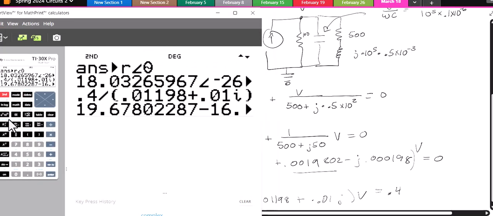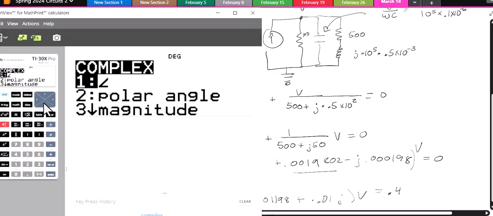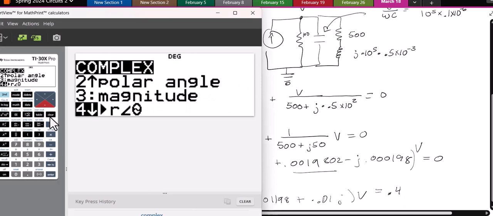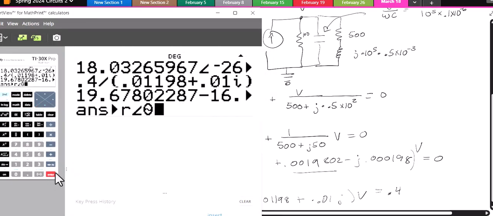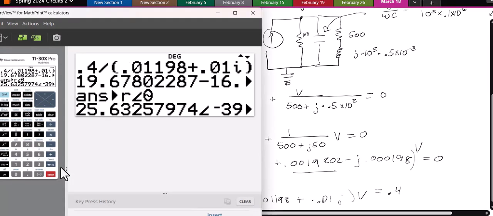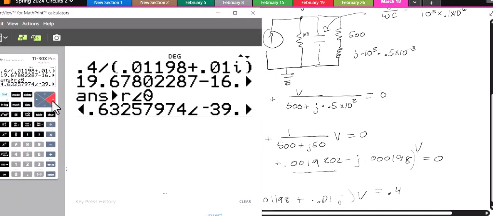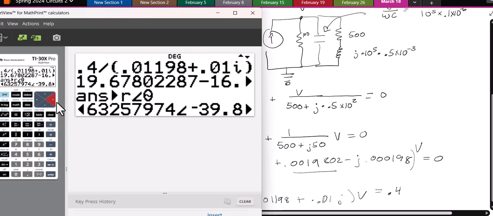And convert that to polar. And that's the right answer. So V is 25.6, angle negative 39.8.